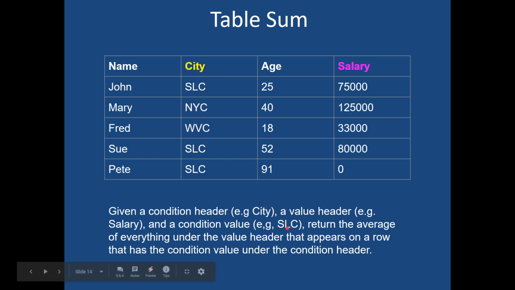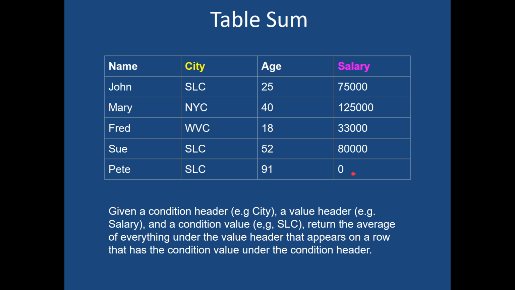In this case, SLC. So the parameters will be the table, the string city, the string salary, and the string SLC. And the job of the method is to find every salary that corresponds to an SLC and average them all together. So in the city column, SLC occurs 3 times. So it would take the 75,000, the 80,000, and the 0 and average them.